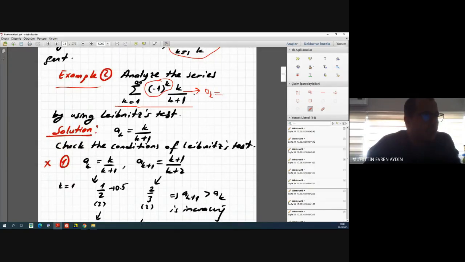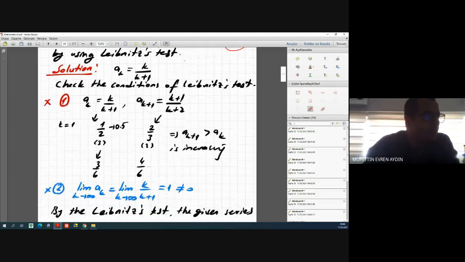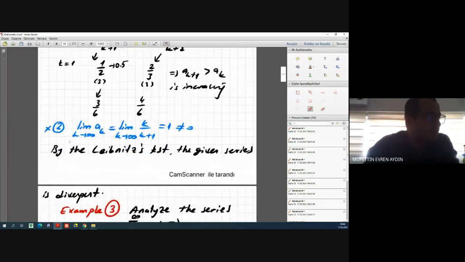Such an a_k is clearly a rational function, which means that the numerator and the denominator are polynomials, and their degrees are equal. That's why the limit is the ratio of the leading coefficients. It means that this limit is equal to 1.